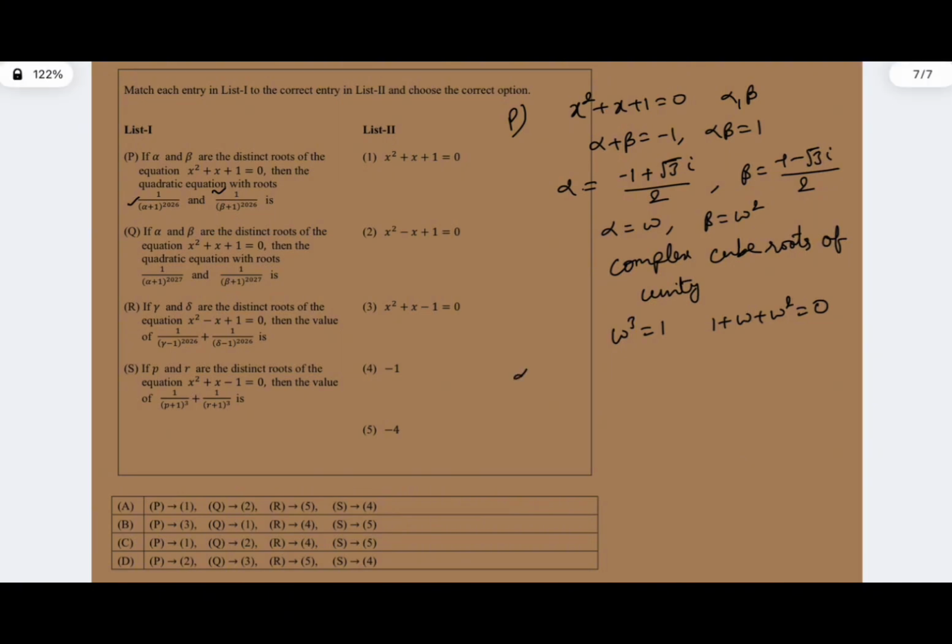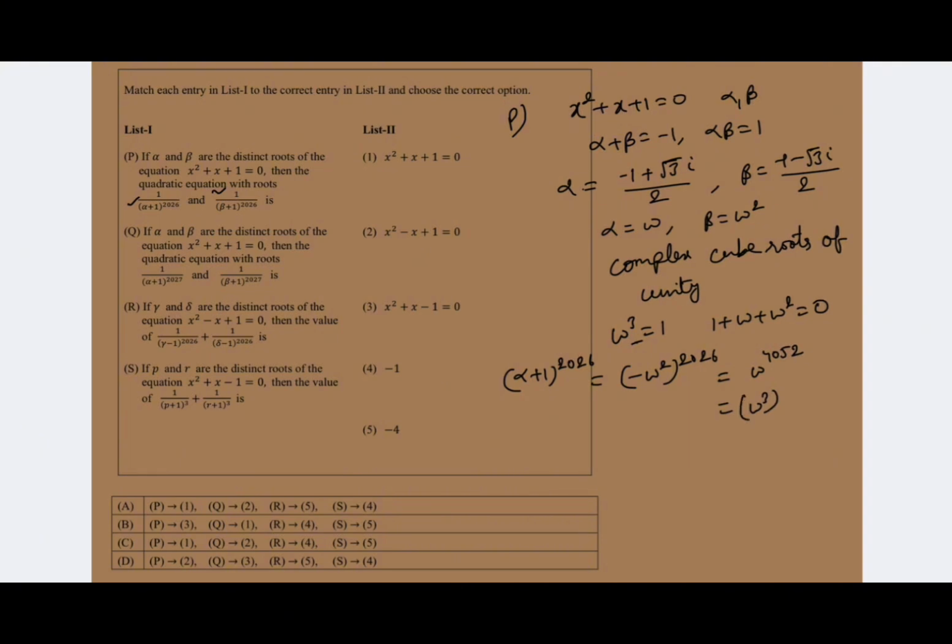So first let's calculate alpha plus 1 to the power 2026, which is nothing but minus omega square to the power 2026, and we can see that this is omega to the power 4052, and we know that omega cube is 1, so we will try to reduce this expression in that format.